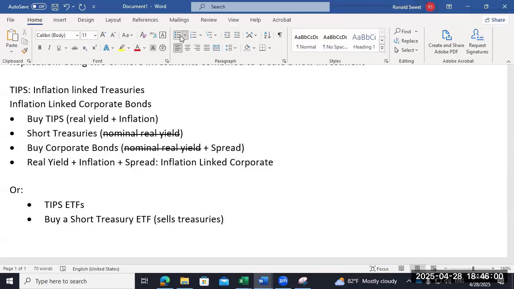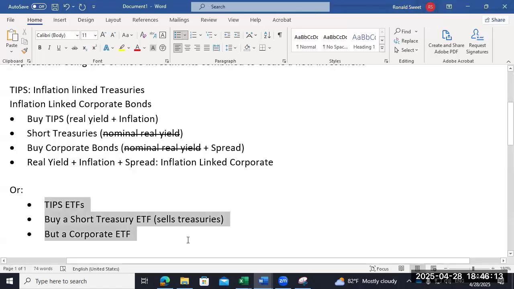So there are ETFs out there that are short the US Treasury market. So interest rates rise, they actually rise. And then you can buy corporate ETF. The problem with this is, though, you got cash going out the door on all three of these. Where do you have cash going out?